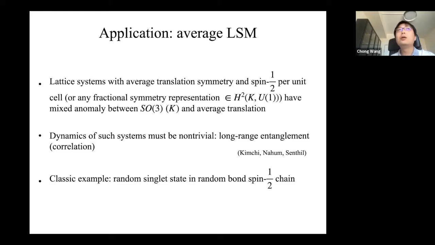And the picture they end up getting is that for each disorder realization, it's more or less a bunch of static, meaning non-fluctuating, singlets, but the singlets can range very far, basically arbitrarily far separating spins locked into the singlet. So if you measure average correlation functions and so on, it's powerful.